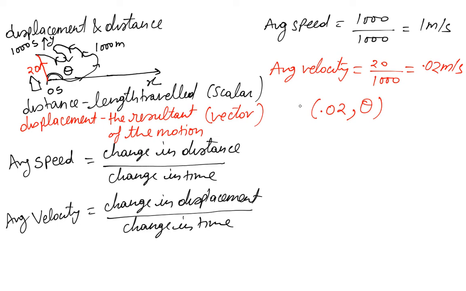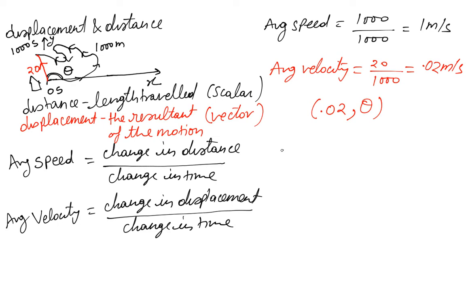Now we understand what displacement and distance are. We also understand speed and velocity. So if you're going at 60 miles per hour in your car, your average speed is 60 miles per hour.